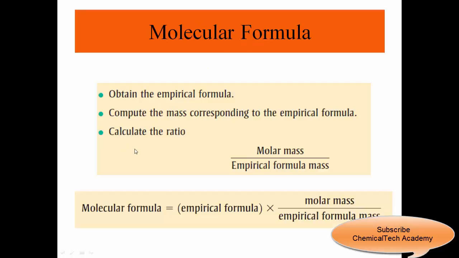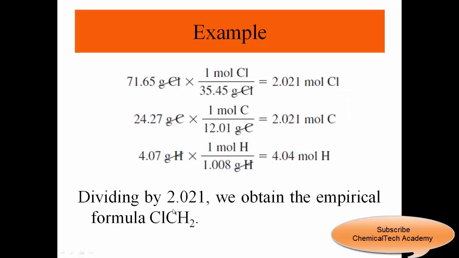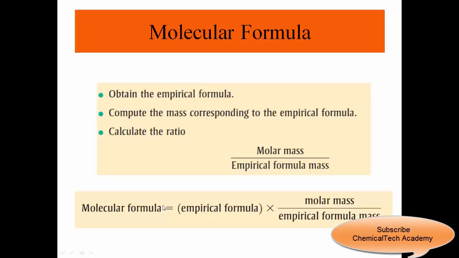Once we obtain the empirical formula, we need to compute the mass corresponding to it and find the ratio, which is the molar mass divided by empirical formula mass. We have the molar mass, and here we need to find the formula mass.